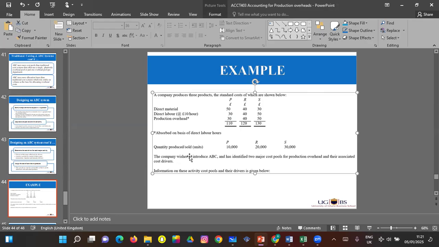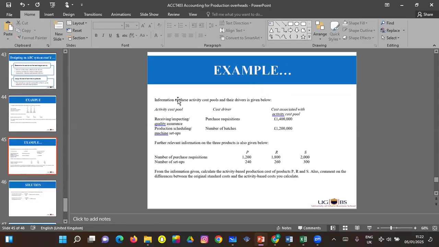The company wishes to introduce ABC and has identified two major cost pools for production overhead and their associated cost drivers. Information on these activity cost pools and their drivers is given below.